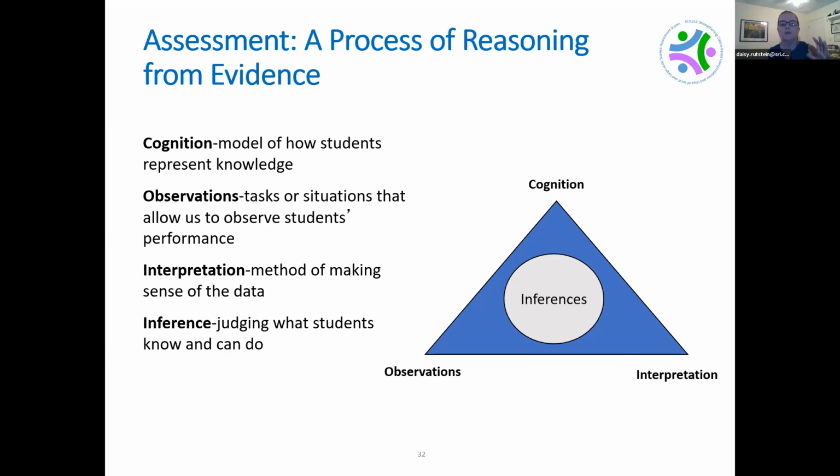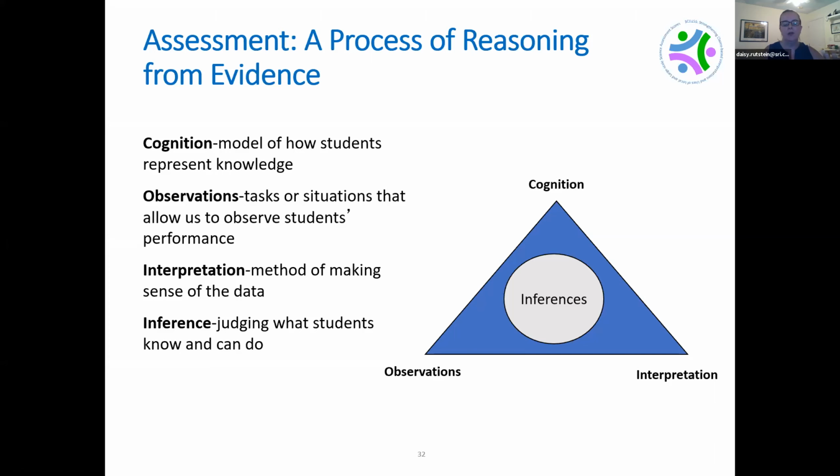So the assessment really needs to start with a model of cognition. And so this is, how do students represent their knowledge, and what are the ways that the different concepts might be connected to each other? How are they going to talk about these different concepts? What are the things that they should really know?